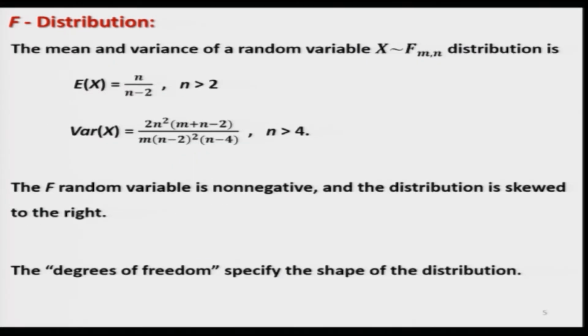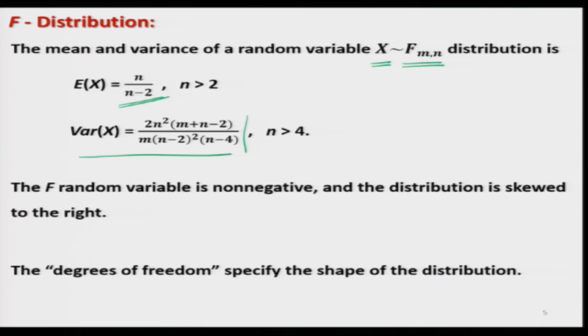So, if you try to find out the mean and variance of an F distributed random variable, suppose x is following an F distribution with m and n degrees of freedom, then the expected value of x will come out to be n upon n minus 2, and the variance of x will come out to be like this.